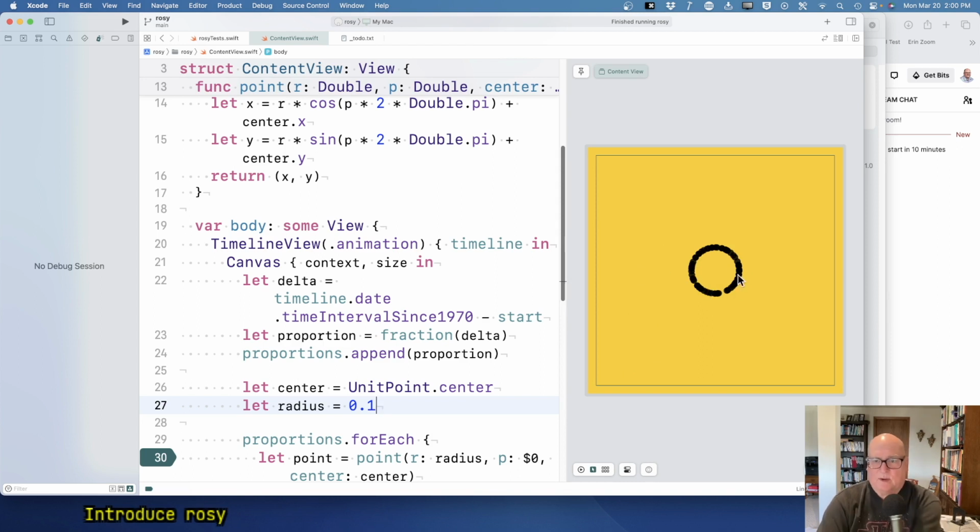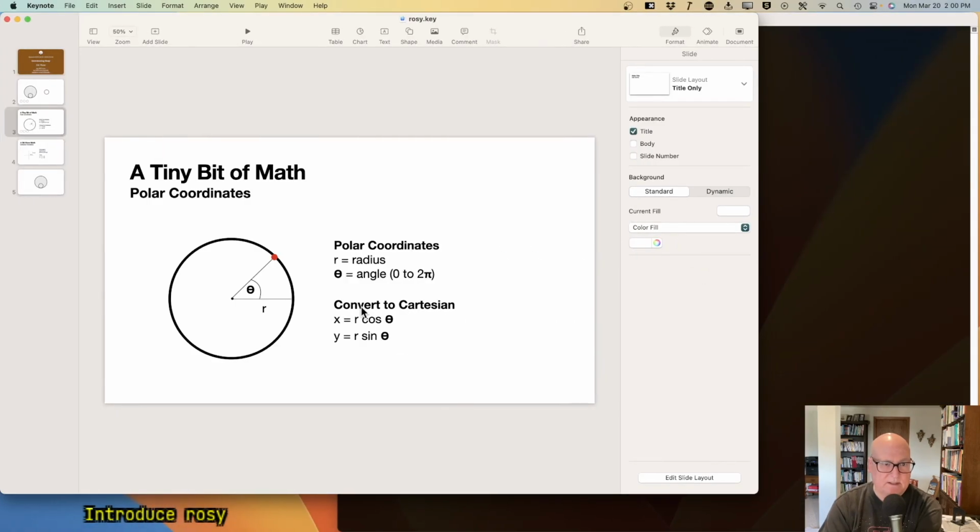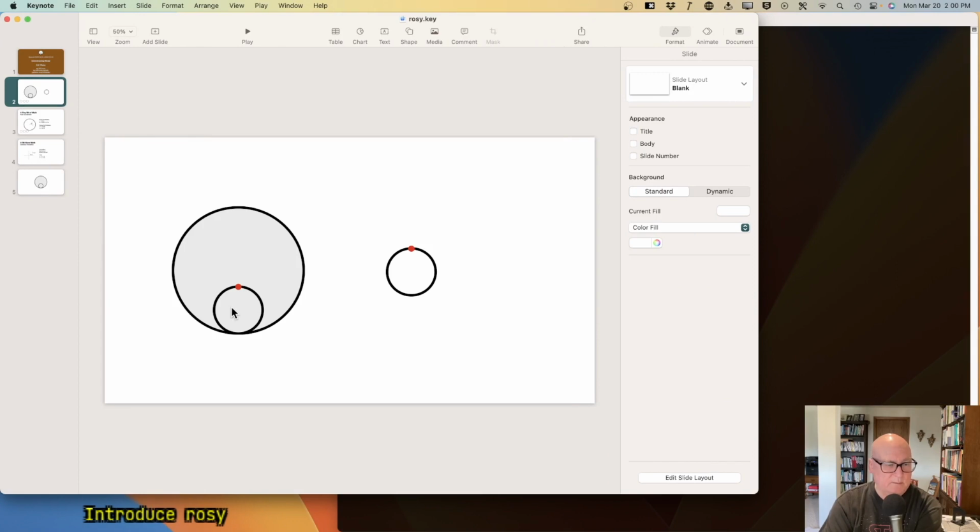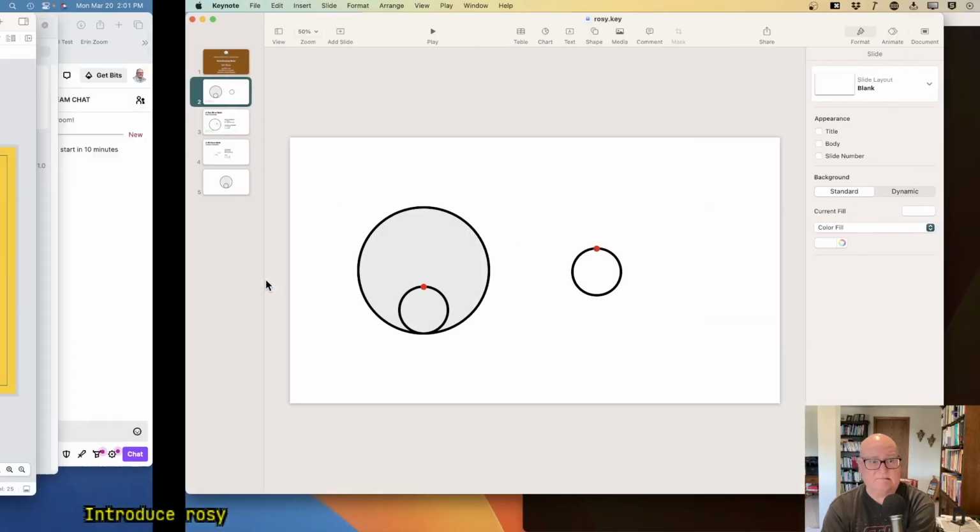The big thing to see is that the center of this circle is tracing out sort of an inner circle here. And the center of the big circle minus the center of the little one gives us the radius of the circle that we're tracking out, if that makes sense.